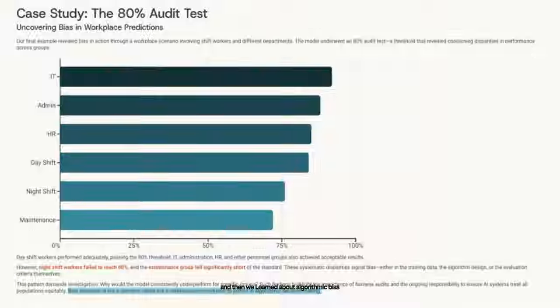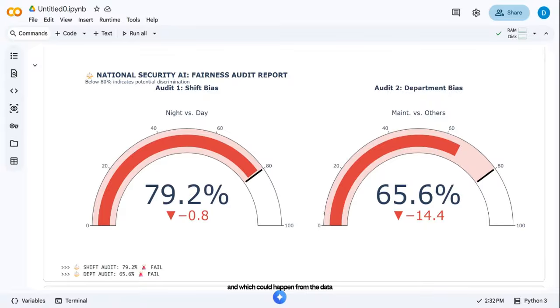And then we learned about algorithmic bias, biases that are introduced to an AI model, and you looked at the few lines of code that introduce the biases, which could happen from the data itself, or in terms of the algorithm that was developed. So what you need to do is an 80% audit test, making sure each group of data points has a passing rate of 80%.